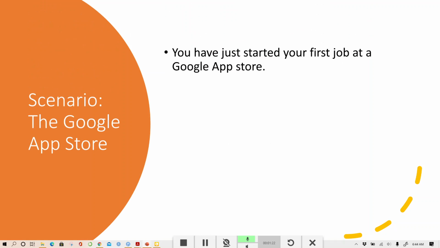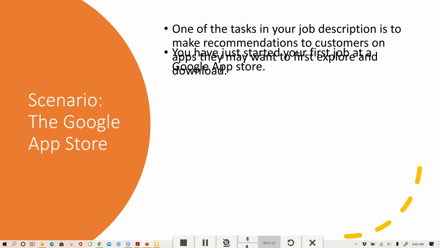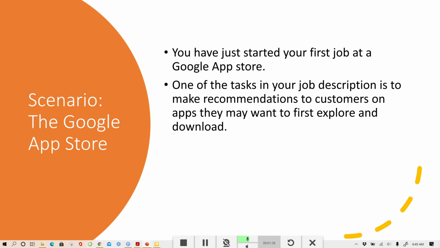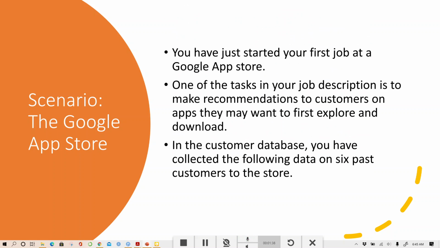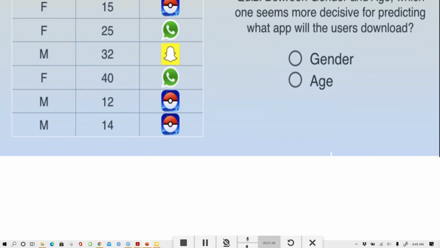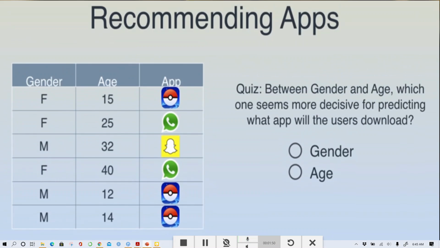You have just started your first job at a Google App Store, and one of your main tasks is to make recommendations of what apps your customers might potentially want to explore and download. Now, in the customer database, what you have as your training data is data on 6 past customers to the store. And here is the data.